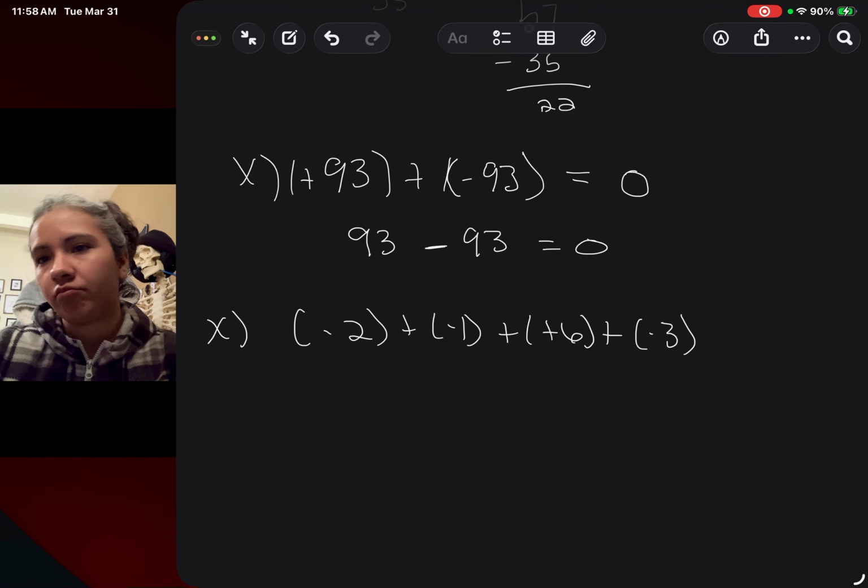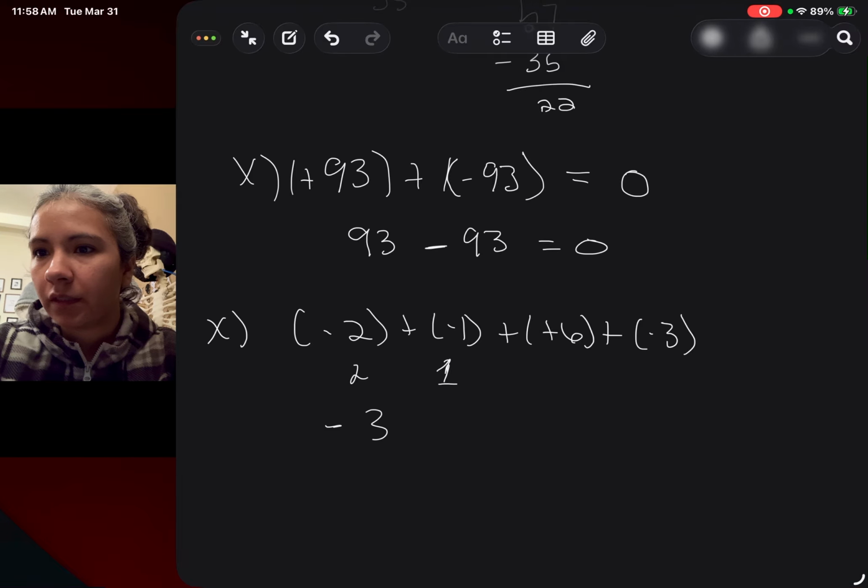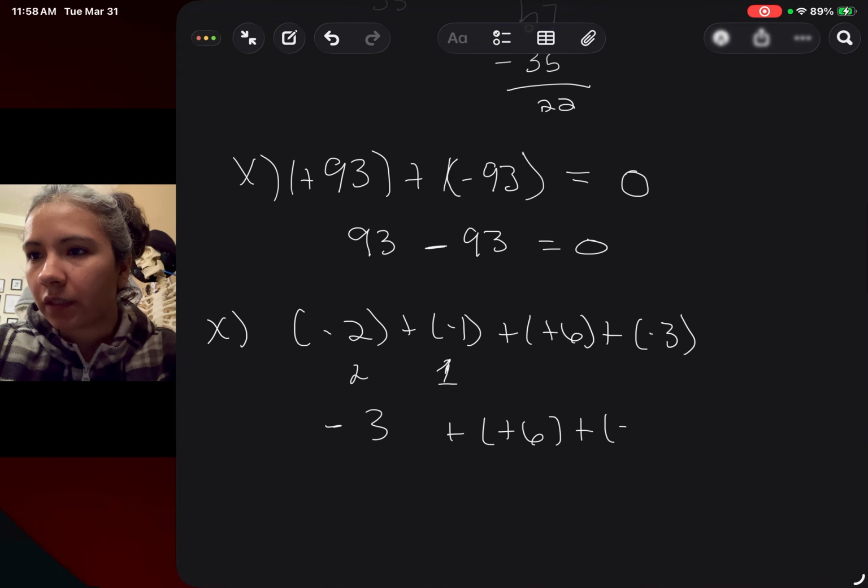We can just add them in order. These two signs are the same, negative 2 and negative 1, so that's going to be negative. The absolute values are 2 and 1, so we add them together. So it's negative 3. Then we have plus positive 6 plus negative 3.